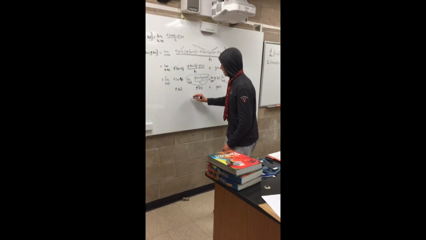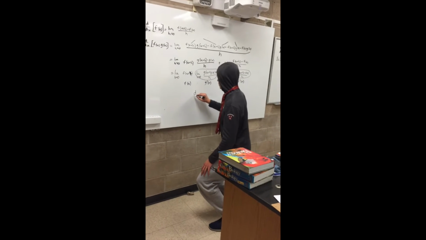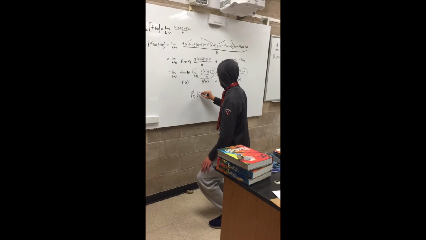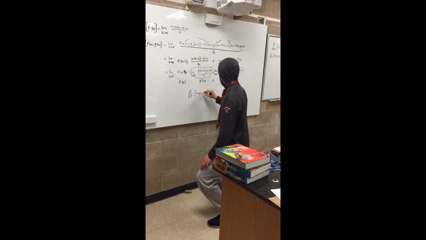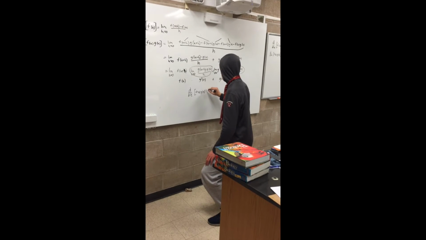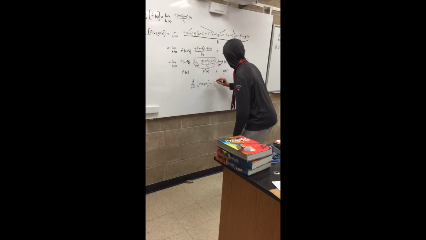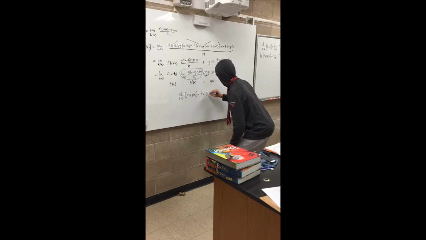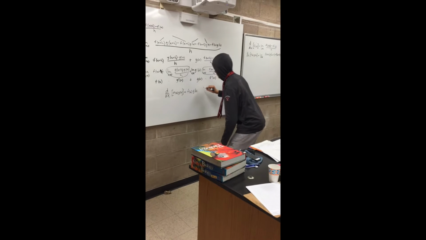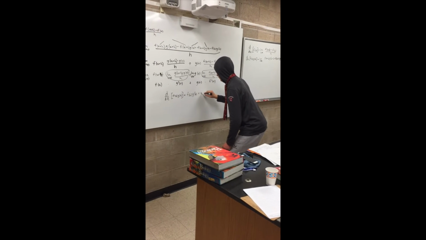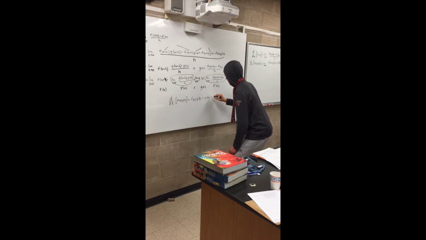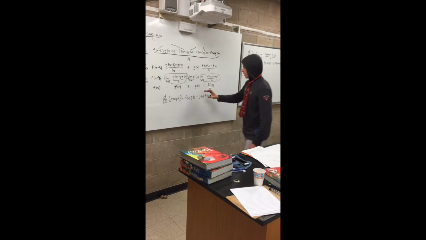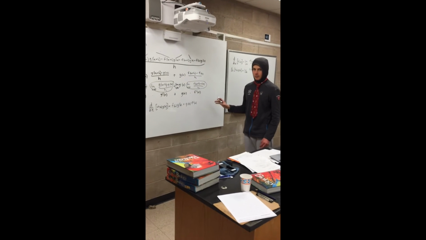So the derivative of f of x times g of x is going to equal f of x times g prime of x, that's the derivative of g of x, plus g of x times f prime of x, which is just the derivative of f of x. And this will all make more sense in the coming problem.